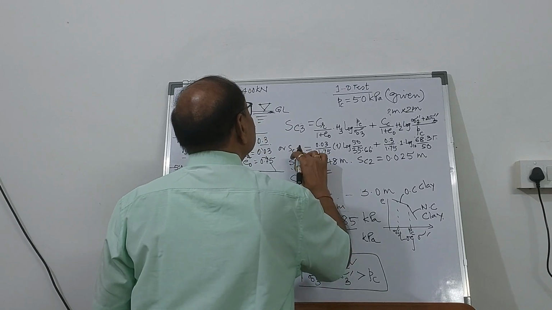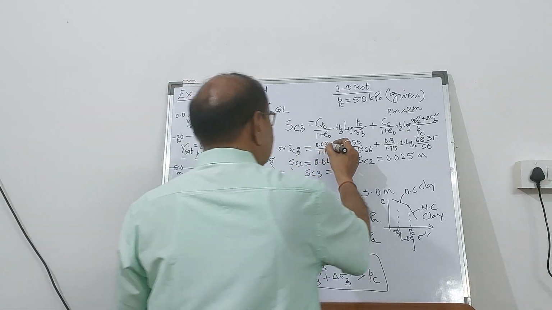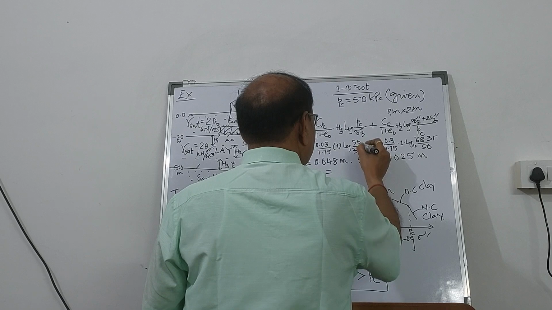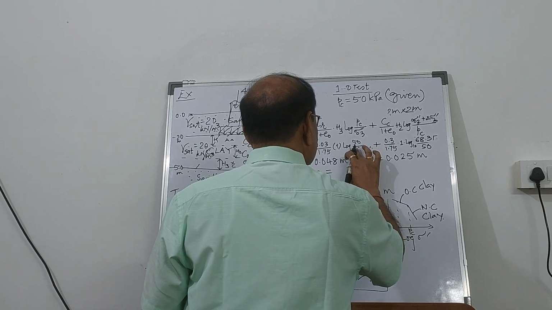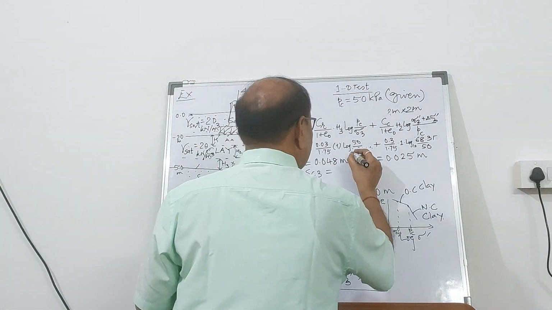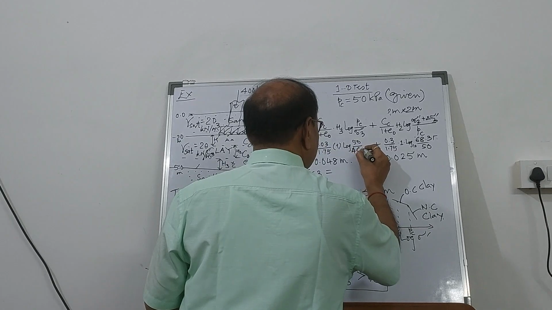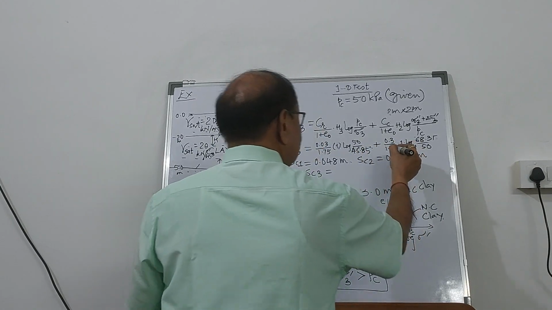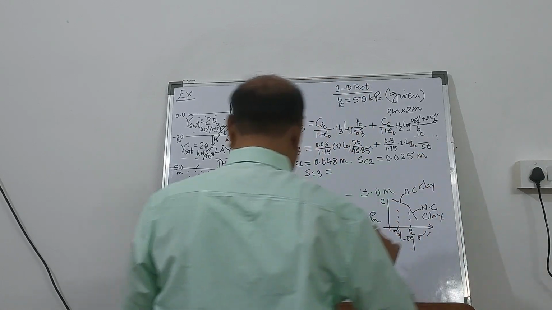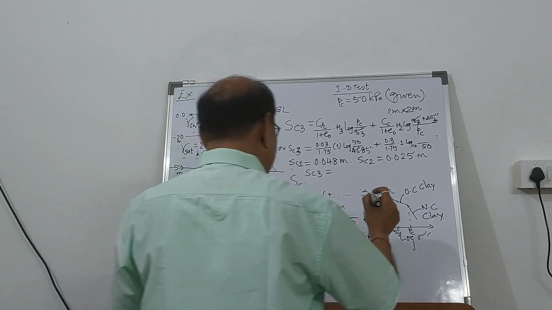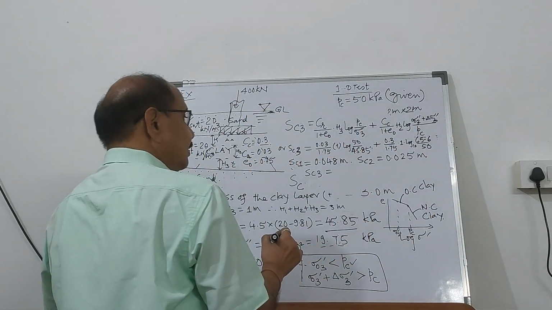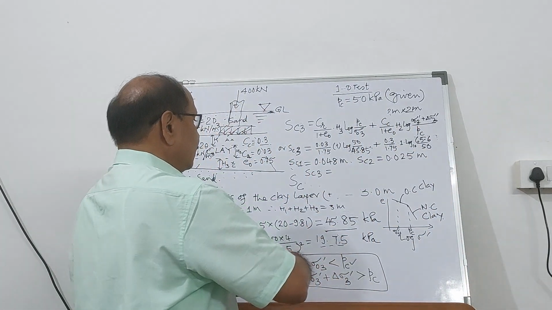So you can calculate now SC3. SC3 will be 0.03 divided by 1.75 into 1 log 50 divided by sigma naught 3, which you have calculated as 45.85, plus log of 65.6 divided by 50. Such a simple calculation we can now make.